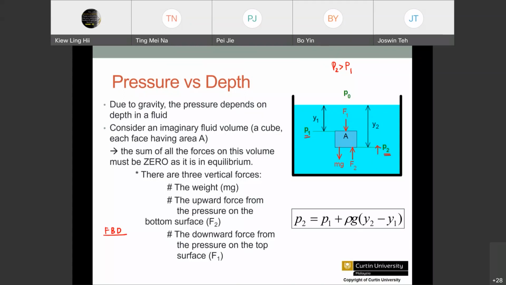This is what we call the buoyant force, given by F subscript B. This buoyant force only exists when an object is submerged in fluids.